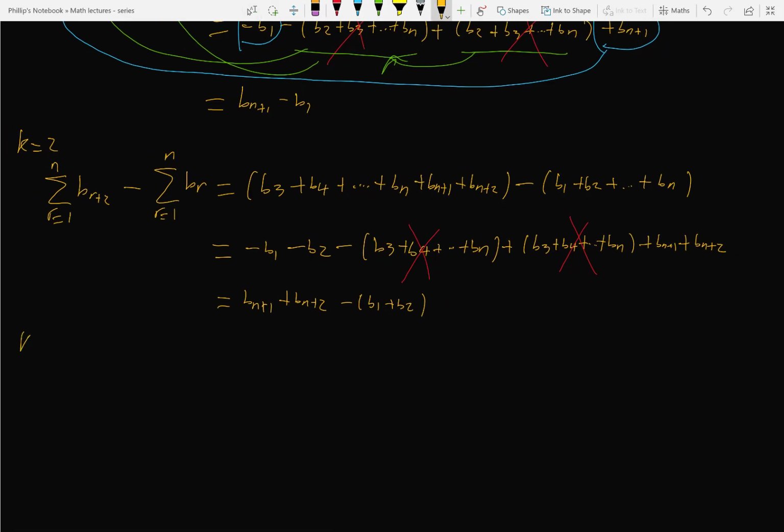So when k is equal to k, this is the general case for just any k now, the sum of b_(r+k) minus the sum from r equals 1 to n of b_r. Well, we're going to start with b(k+1) plus b(k+2) plus b(k+3) plus all the way to b(k+n) at the end.